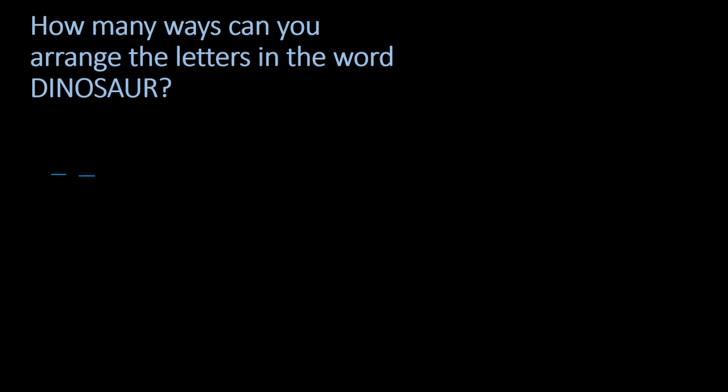Okay, and then none of my letters repeat, so I have 8 individual letters. So I start my first letter, I have 8 to choose from. Okay, my second letter, I have 7 to choose from because I've taken 1 away. Third letter, I have 6 to choose from, and it's going to keep going down until I hit the last spot.